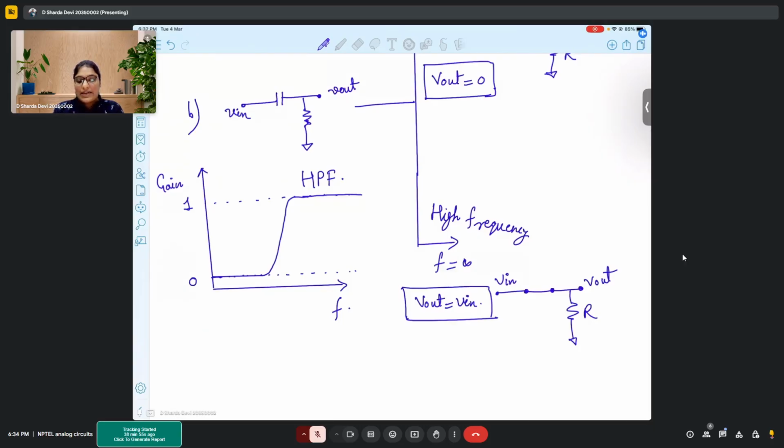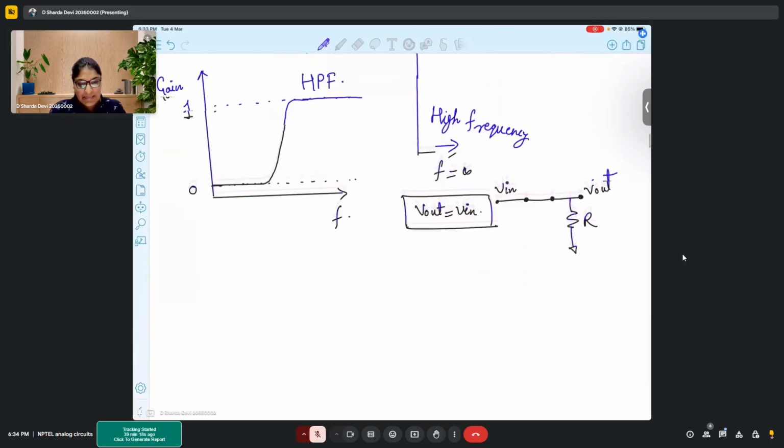These types of circuits can now be followed by an amplifier. So op-amp based low pass and high pass filters can also be designed. And in op-amp, again, the filters can be for inverting configuration as well as non-inverting configurations. Both are allowed and both are available. So this is all about low pass and high pass filters.